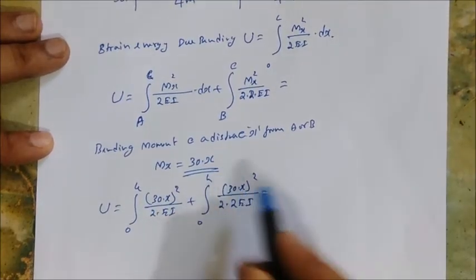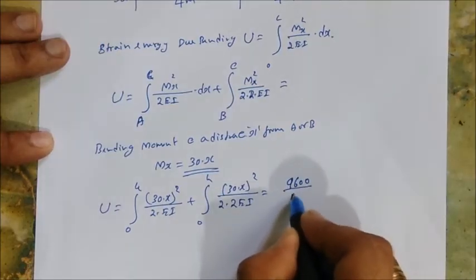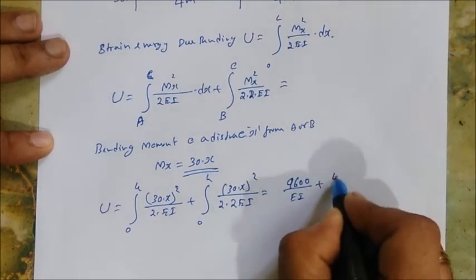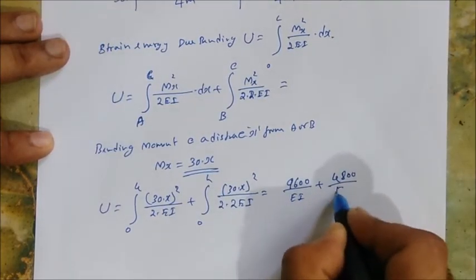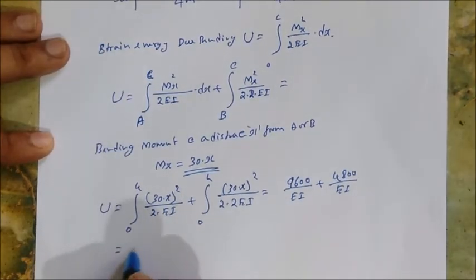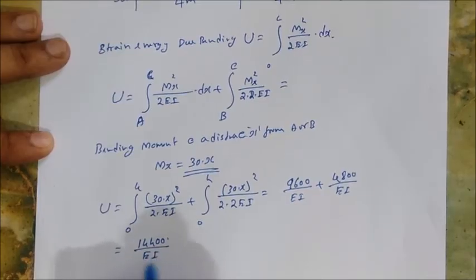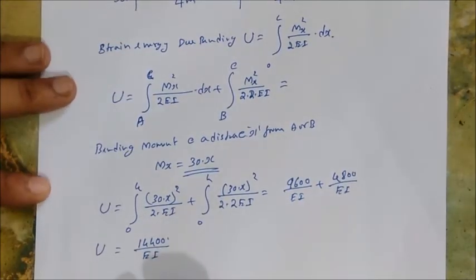If you solve these, one is 9600 by EI and the other is 4800 by EI. If you add everything, you will get 14400 by EI. So this is the total strain energy.